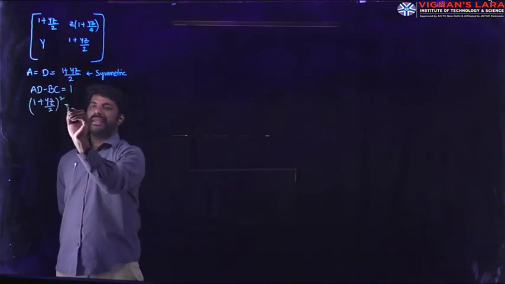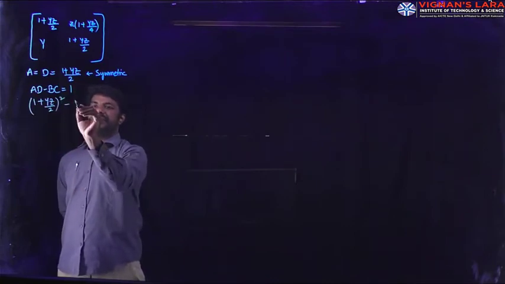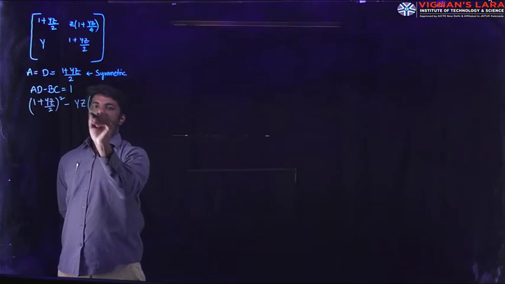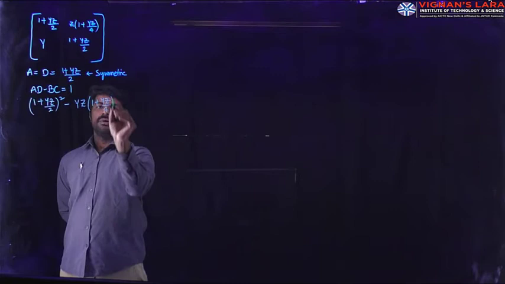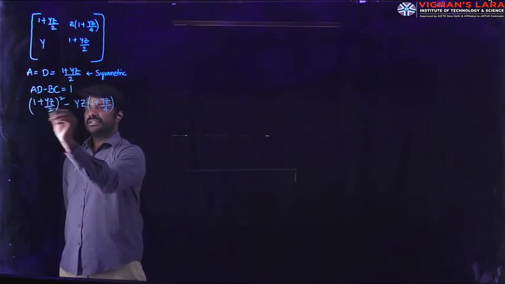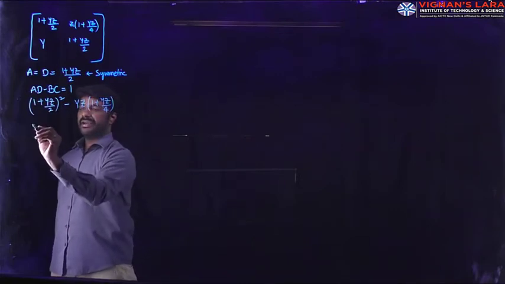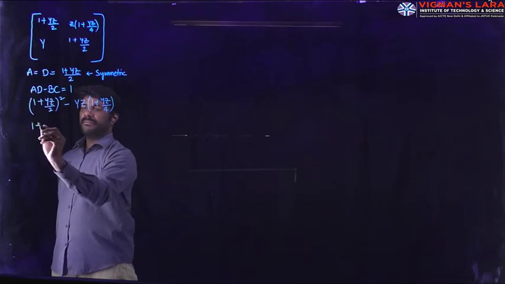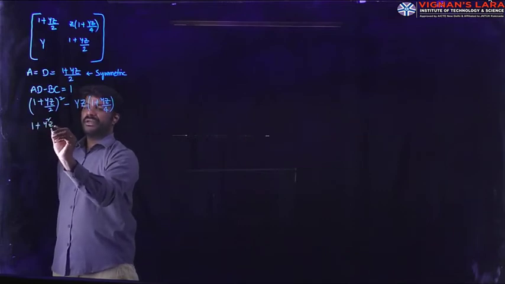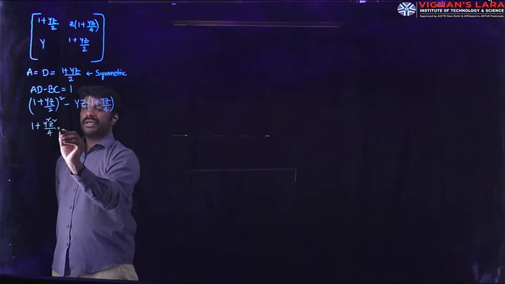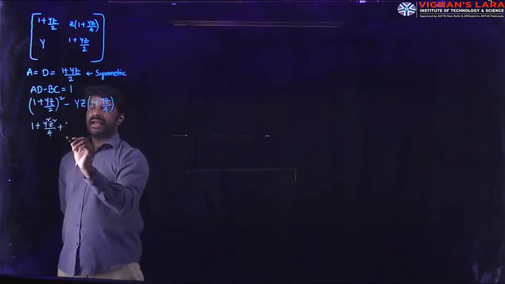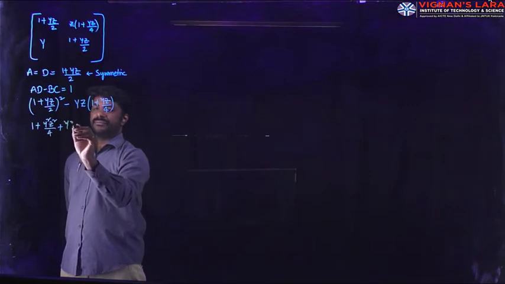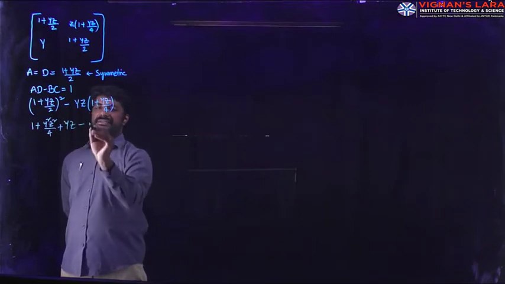AD minus BC. BC is Y into Z of 1 plus YZ by 4. Let me simplify this. It is in the form of (A plus B) whole square. Then I can write this as A square plus B square plus 2AB. 2 gets cancelled and its value is YZ. Okay. Minus product of this.